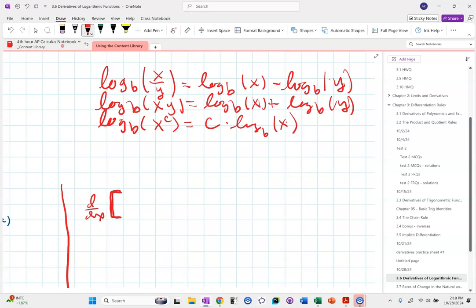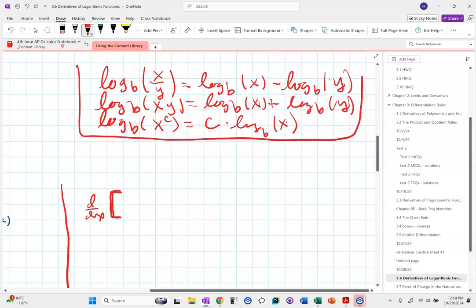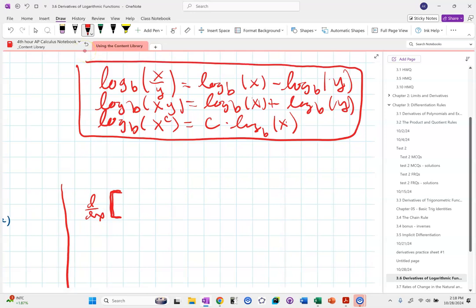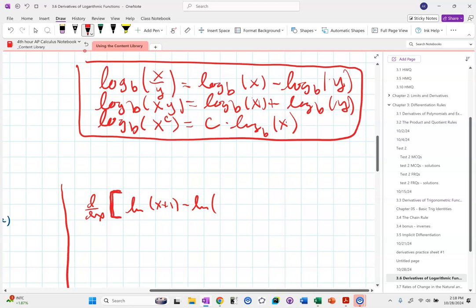Everybody's okay there? Remember those three properties of logarithms? So if I look at that previous problem, I can rewrite that as the natural log of the top minus the natural log of the bottom. Everybody's okay there?